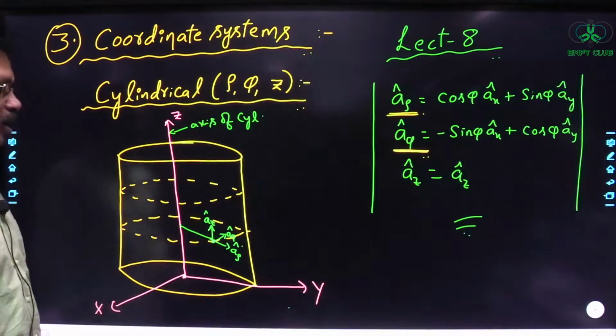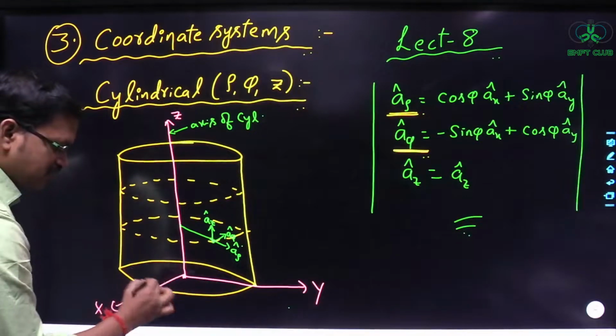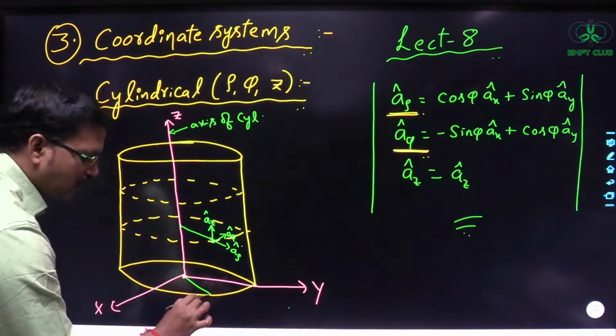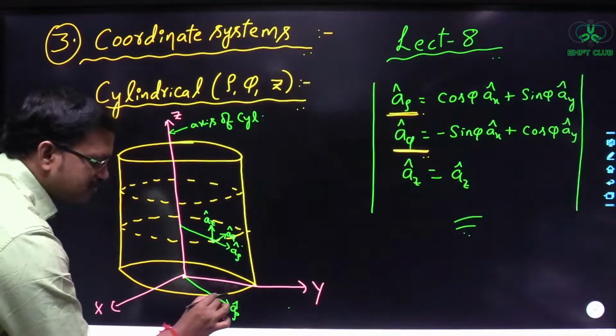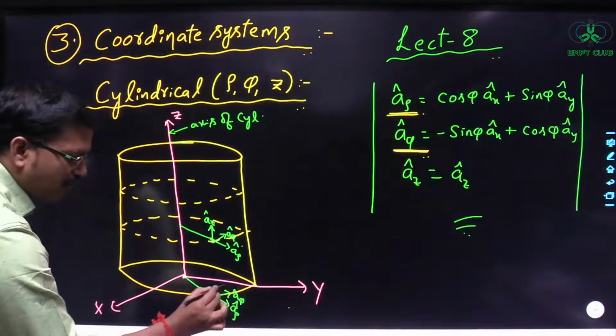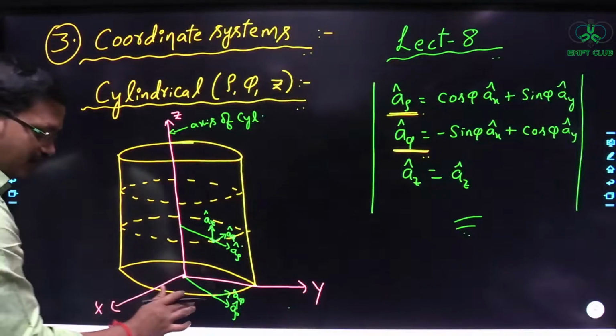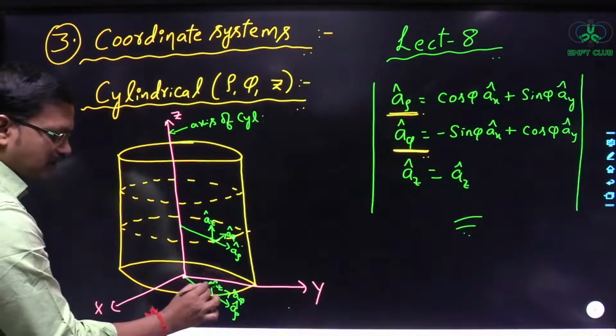Now if I consider this bottom circle, here also a rho cap points in this direction, and a phi cap is the tangent drawn at this point. I am just drawing rough diagrams here. So this is a phi cap, and this is a z cap.